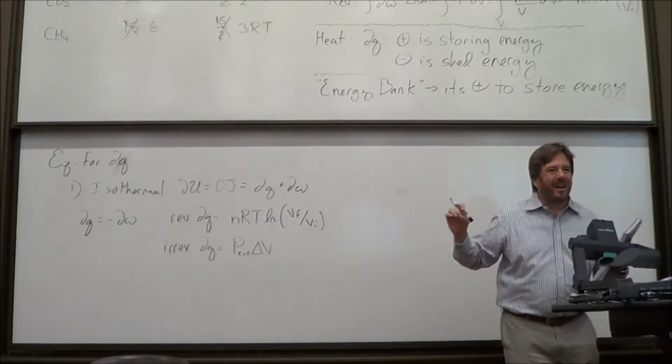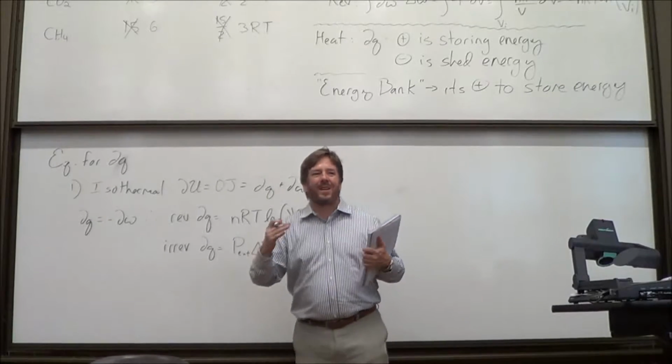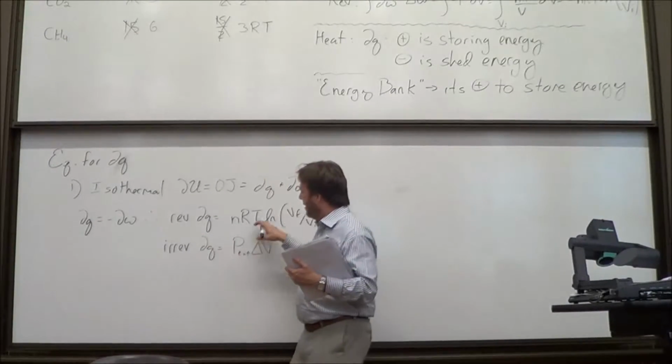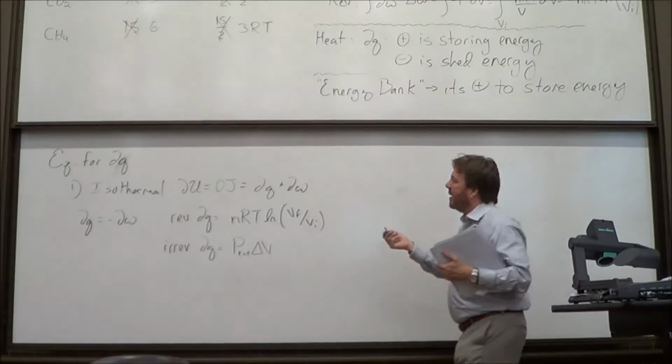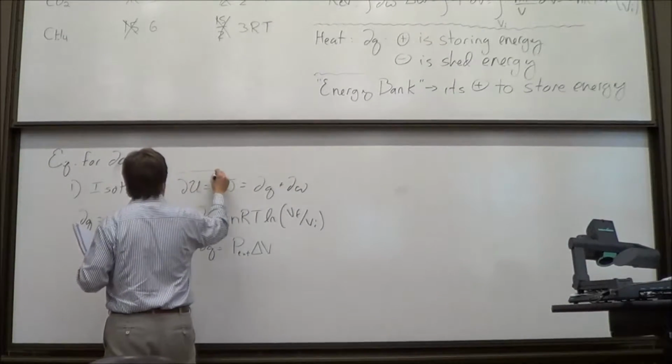So again, remember I said 48 different equations. Here's 2 more. Or is it really? Do I have a star? Okay, you know what I mean? I do need a star by this.